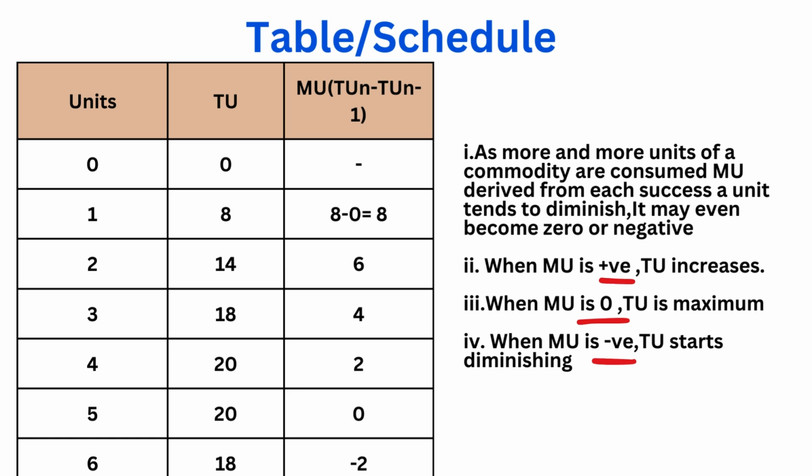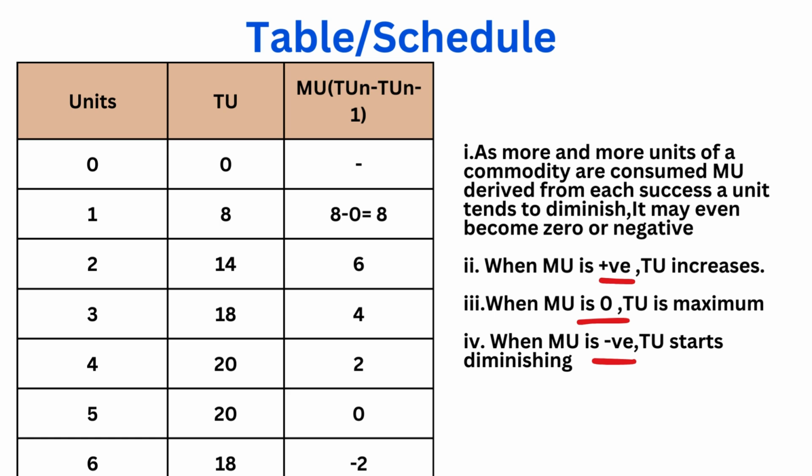Then for the second unit, it decreases to 6. Then for the third unit, it decreases to 4. On the fifth unit, it becomes 0. And on the sixth unit, it even becomes negative. So as more and more units are consumed, MU derived from each successive unit tends to diminish.